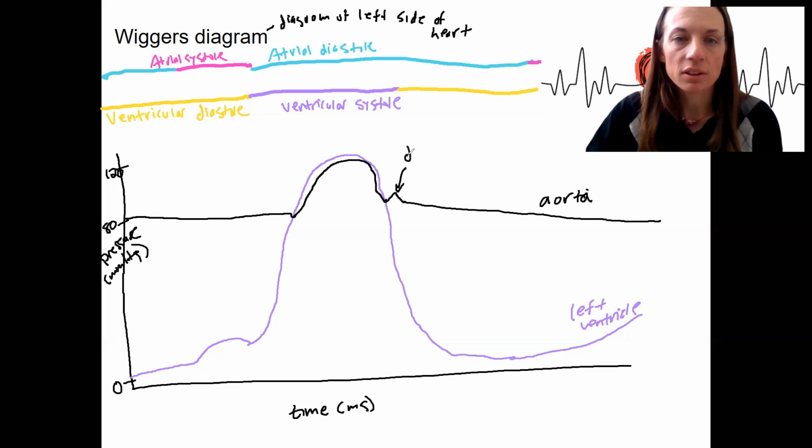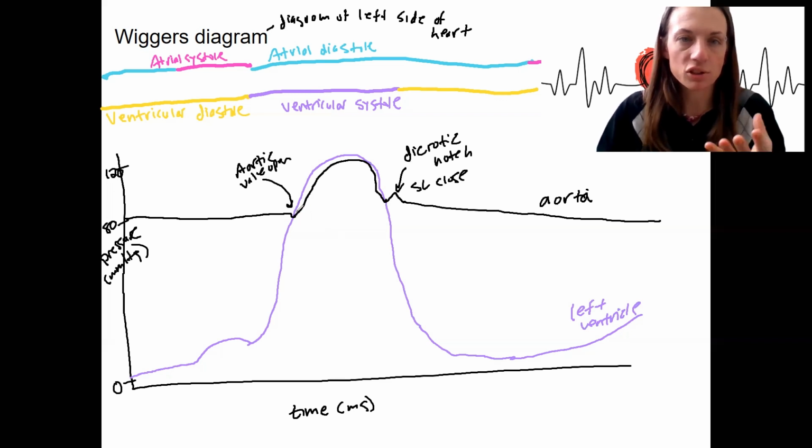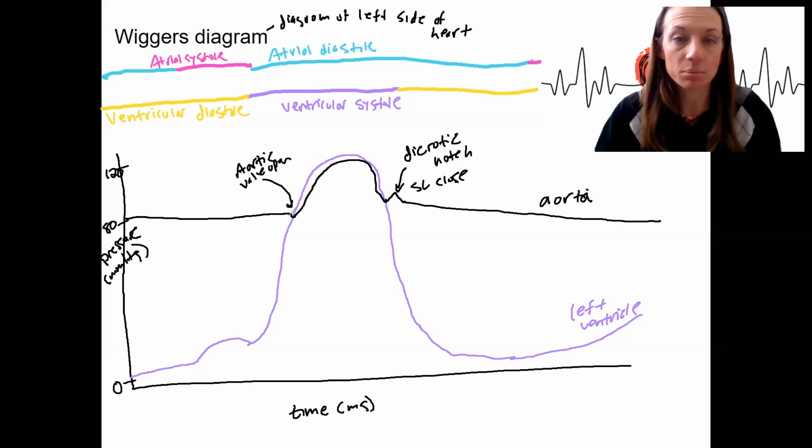This here is called the dicrotic notch. It's due to backflow after the semilunar valves close. The aortic valve is going to close. Aortic valve is going to open right here. That causes a slight decrease in pressure as you relieve pressure right as the blood flow increases.